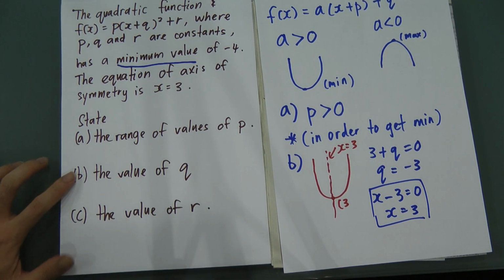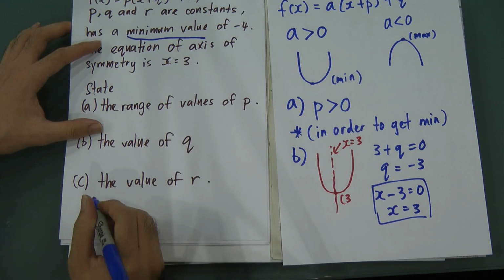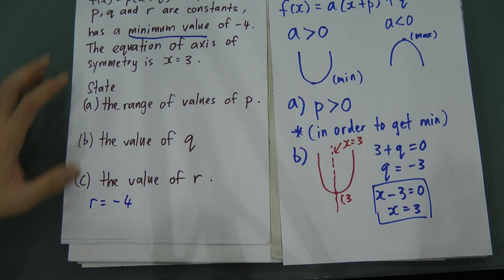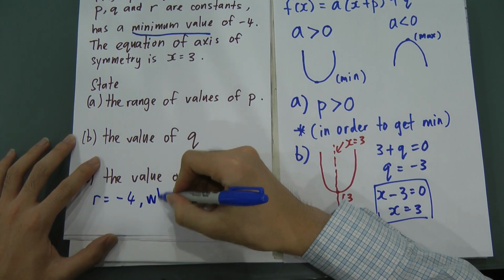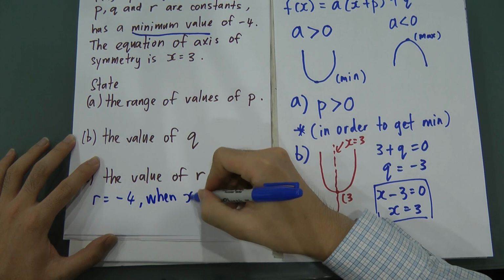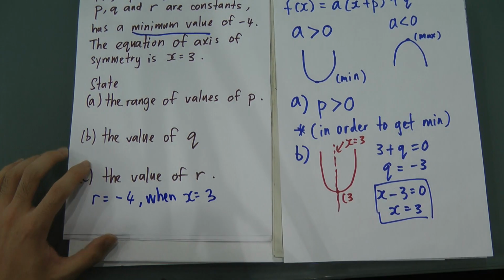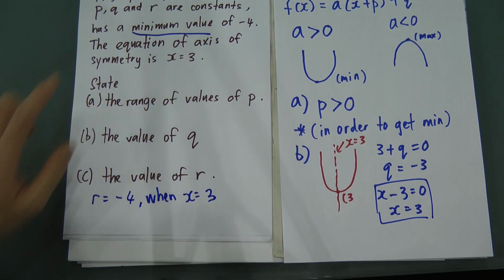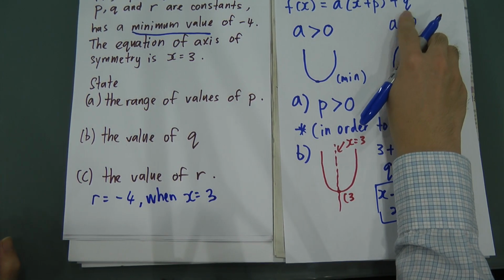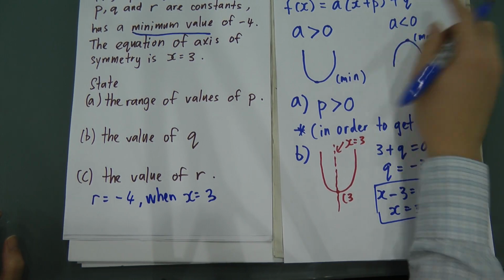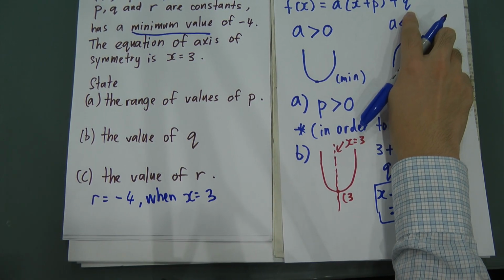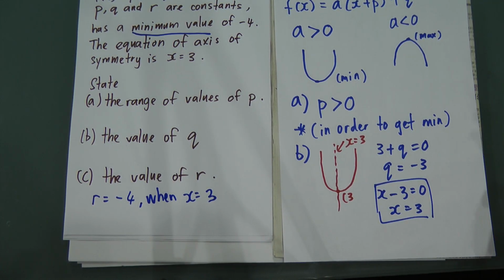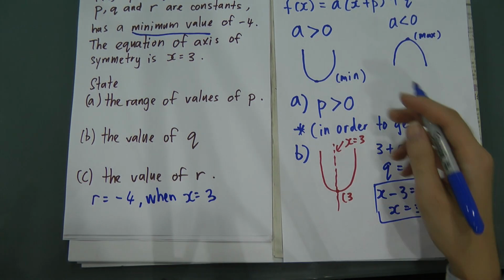This means r equals -4 when x equals 3, because this will always be the minimum value. So q is the minimum value when x equals -p. I mention the coordinates one more time.